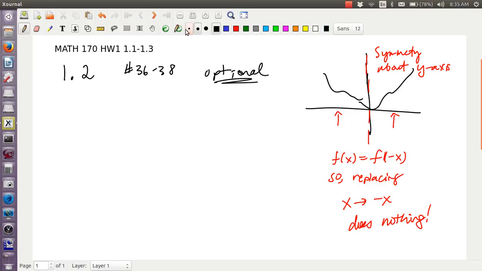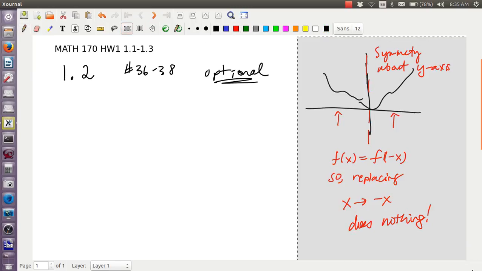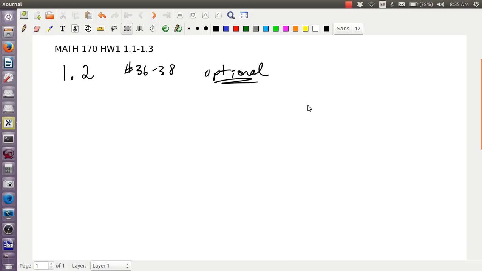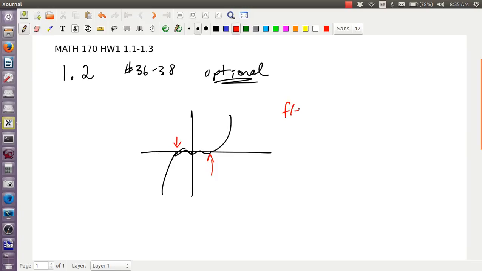However, if you have this situation, this kind of symmetry, then what happens is if you're here at x and compare against negative x, everything flips. So f of negative x is the same as negative f of x. Then that's the other kind of symmetry.